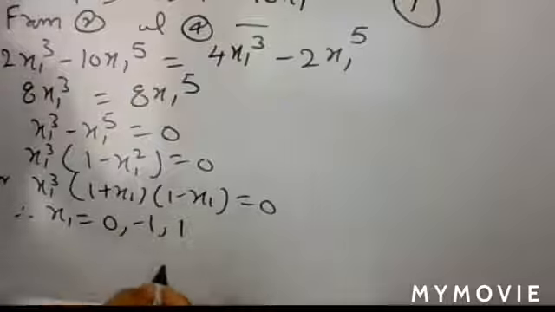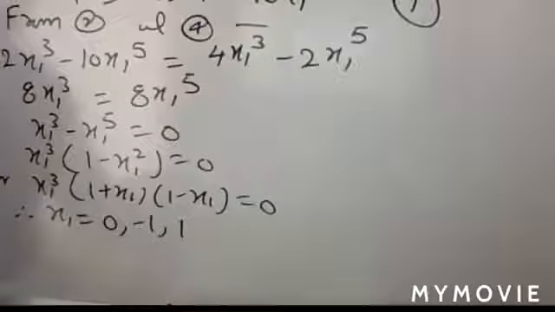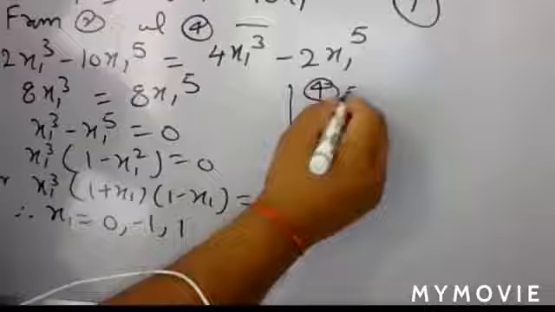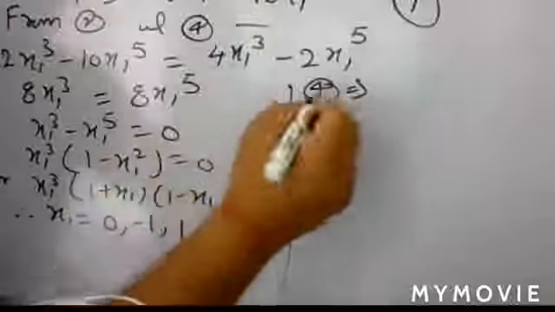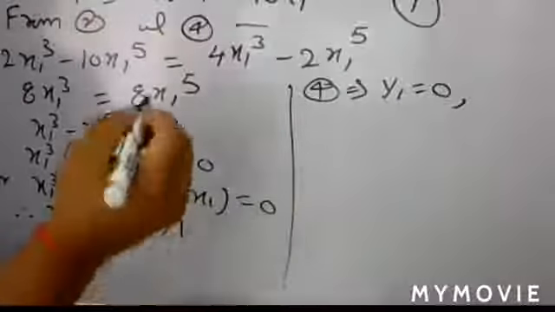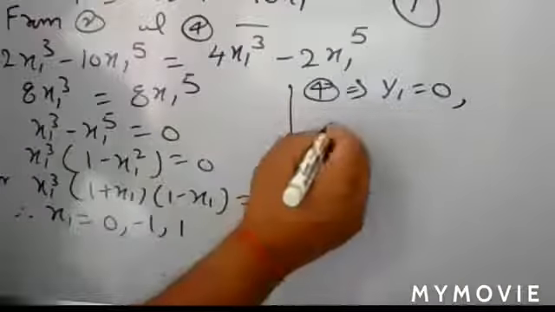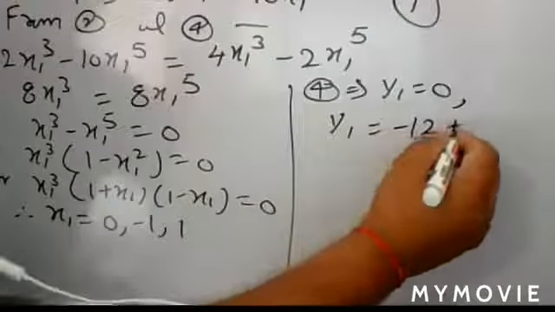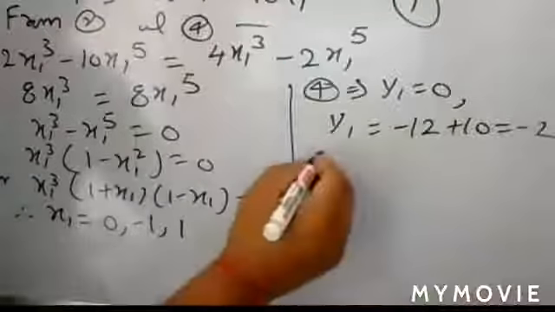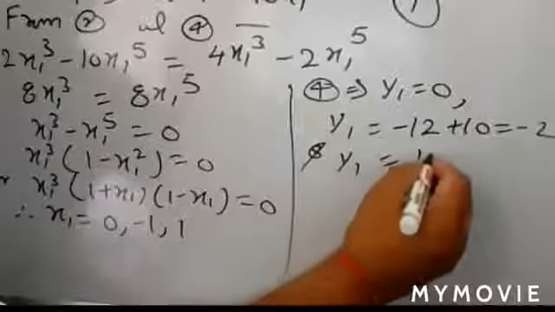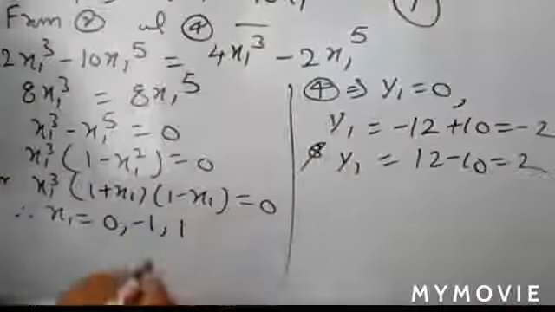Now put all those values in equation 4 or 2, as you wish. Putting in the fourth equation: if x is equal to 0, then y1 is equal to 0. If x is equal to minus 1, then y1 is equal to minus 12 plus 10, which is minus 2. And if x is equal to 1, then y1 is equal to 12 minus 10, which is 2.